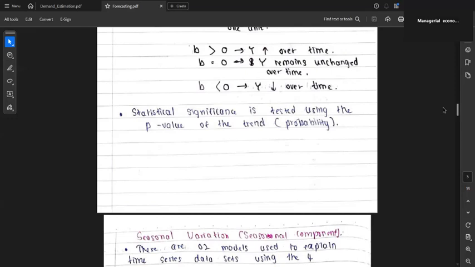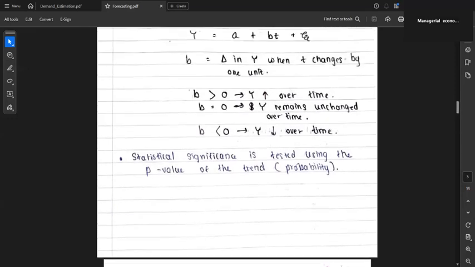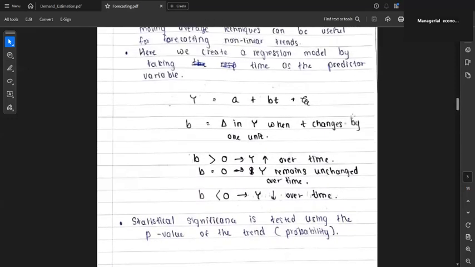So how significant are the values we have obtained? We can measure it from the p-value, the probability. Let's say we need at least a statistical significance of 5%. So if the p-value we have obtained for this regression is 0.001 or something like that, that is less than 0.05.